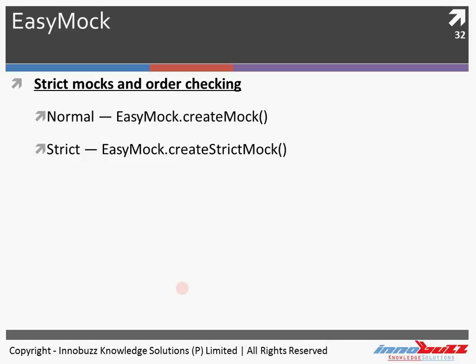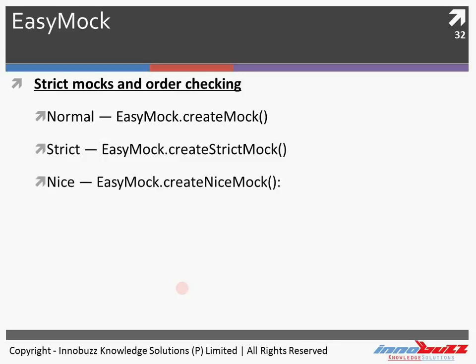It means whenever you call an unexpected method which is not required in your test method, it will fail. That's why it is called strict mock. Strict mock is really useful when you want to test your Java code thoroughly and step by step. The correctness and validity come only through create strict mock, and to follow that, we have to use strict mock.